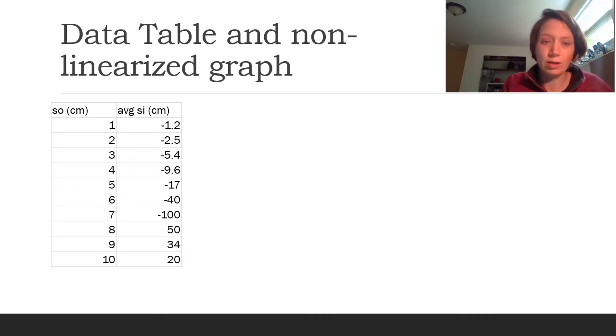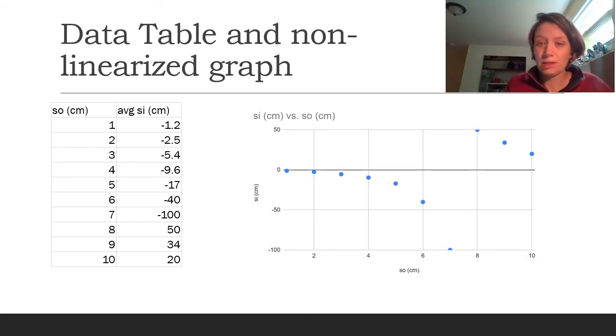Last time when we made our linearized graph, we were able to just plot that data right on there and it made a linear graph already, right? The slope was a little funny because it was 1 over m instead of m, but the graph itself was really straightforward. If you attempted to graph this data, this is what your graph looks like. And hopefully, really quickly when you look at that graph, you know that there is no way that's going to be linear, right? We have not made a linearized graph.